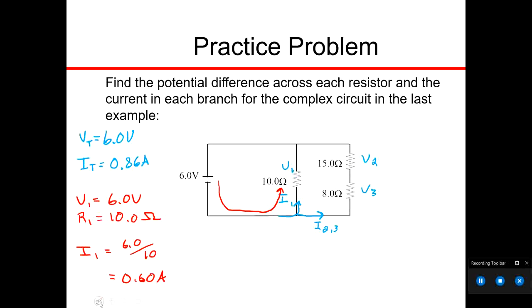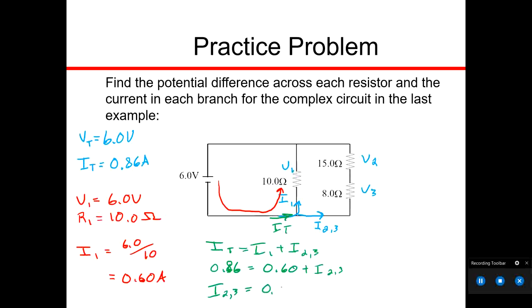Now using Kirchhoff's laws again, we know that the total current entering this junction has to be equal to the currents leaving, so it equals I1 plus I23. So this means that we have 0.86 is equal to 0.60 plus I23, and we can solve for the other branch.